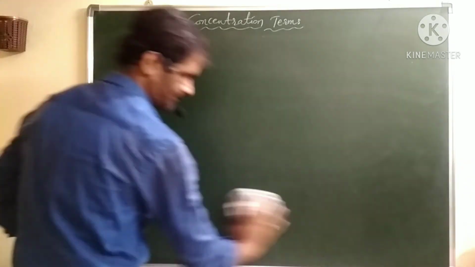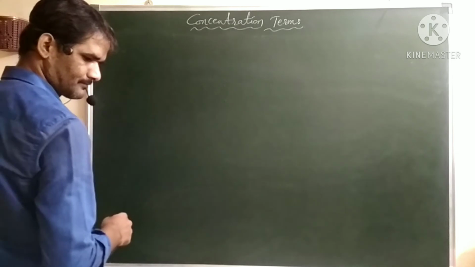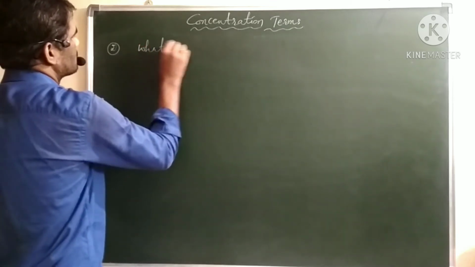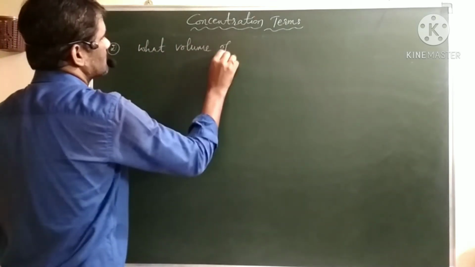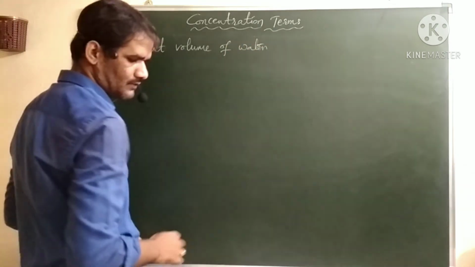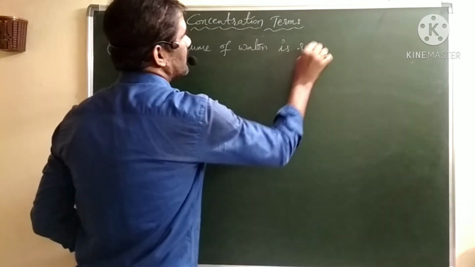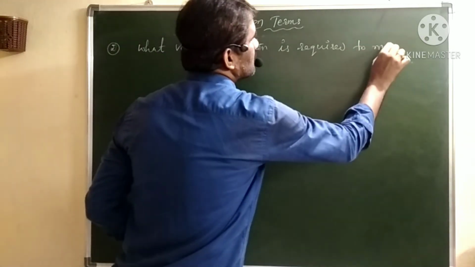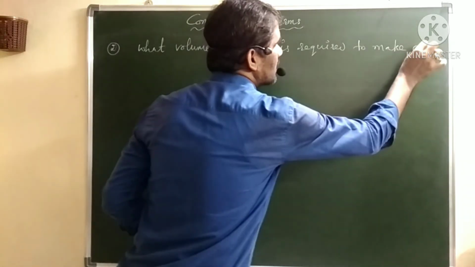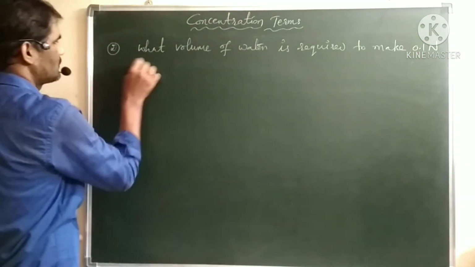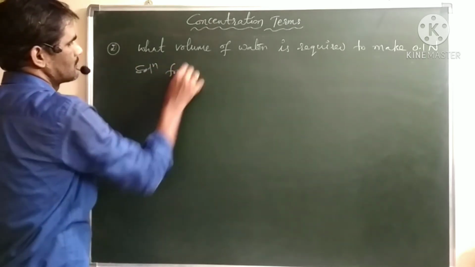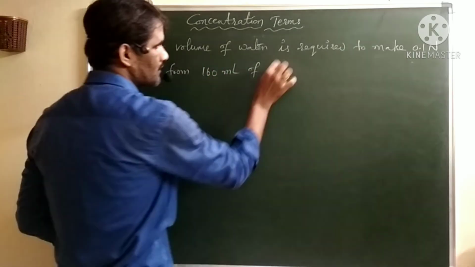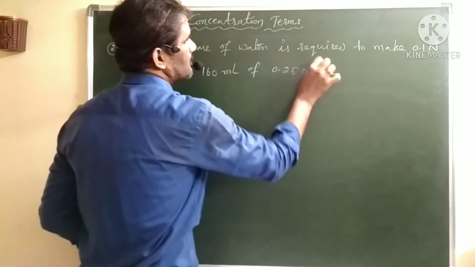Next question here. What volume of water is required to make 0.1 normal solution from 160 ml of 0.25 normal solution?